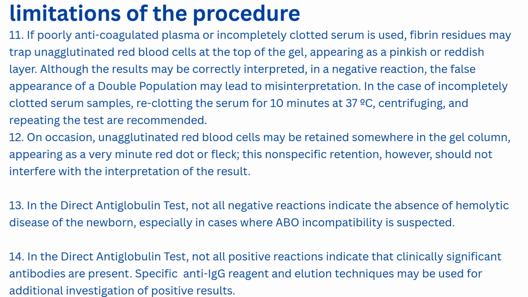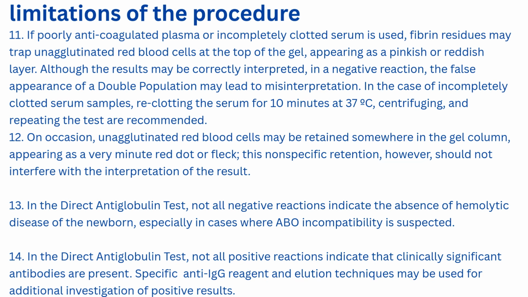We also have poorly anticoagulated plasma and incompletely clotted serum being used. Why? Fibrin residues may trap the unagglutinated red cells, so it will give a pinkish or reddish layer. Although the results may be correctly interpreted as a negative reaction, the false appearance of a double population may lead to misinterpretation.